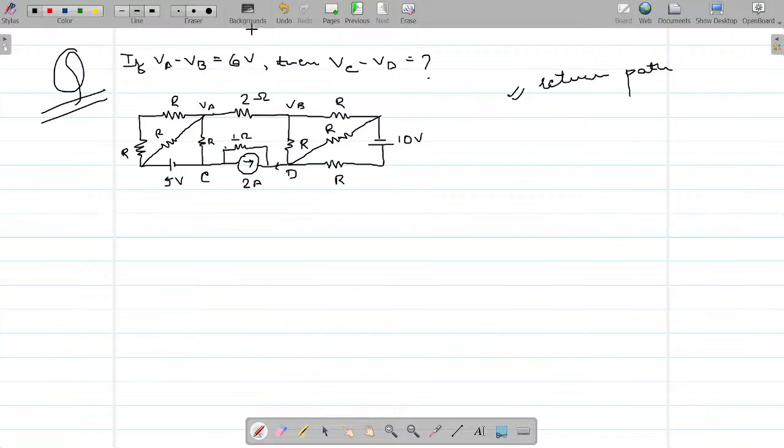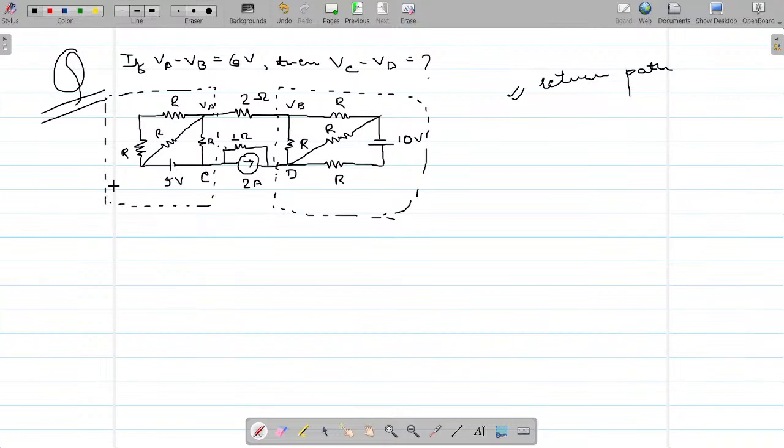VA minus VB is given to you as 6 volts. I told you to draw analogy. Let us take this one to be N1, this one to be N2.